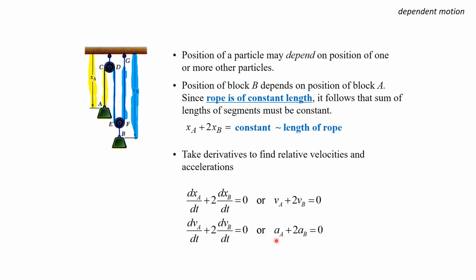So how fast is A accelerating relative to B? And we have a 2-to-1 ratio here. That's the point of pulleys, right? You get these little mechanical advantages happening. So we have relative velocities, relative accelerations, and all of these came from the relative lengths of our rope up here.